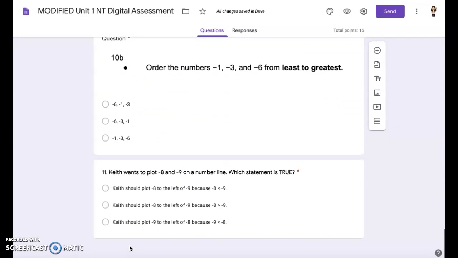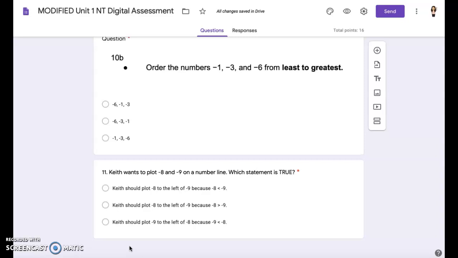And number 11, Keith wants to plot -8 and -9 on a number line. Which statement is true? Keith should plot -8 to the left of -9 because -8 is less than -9.